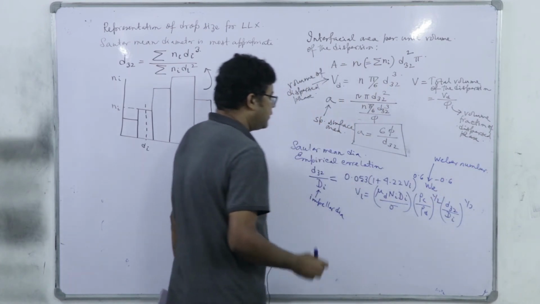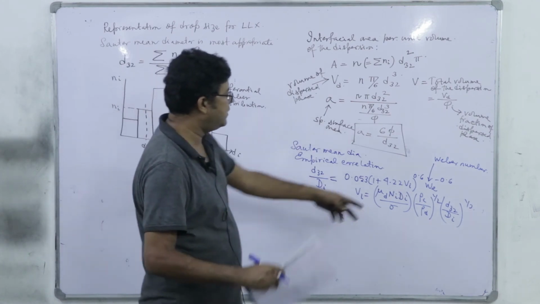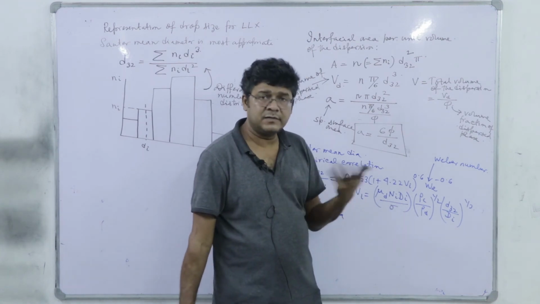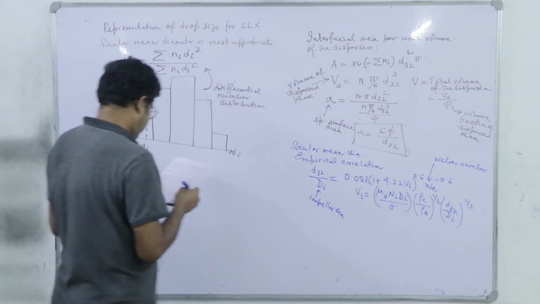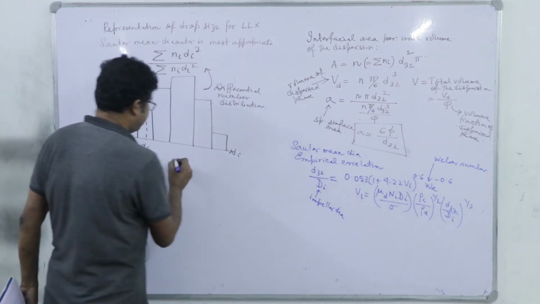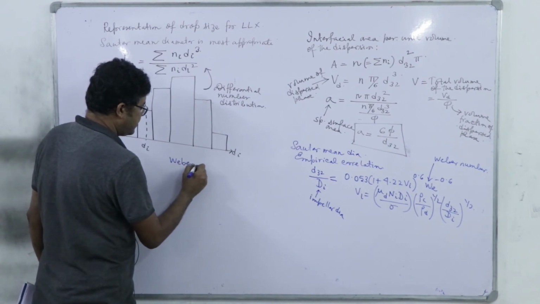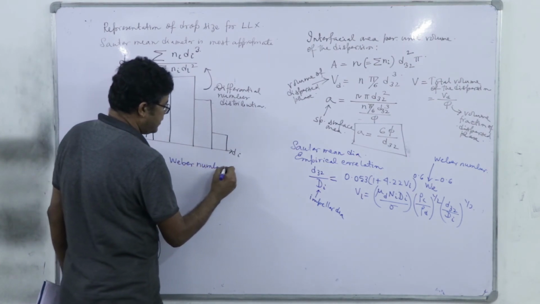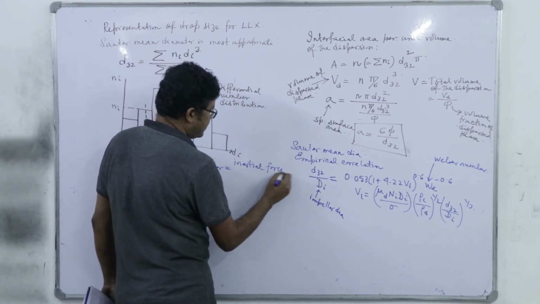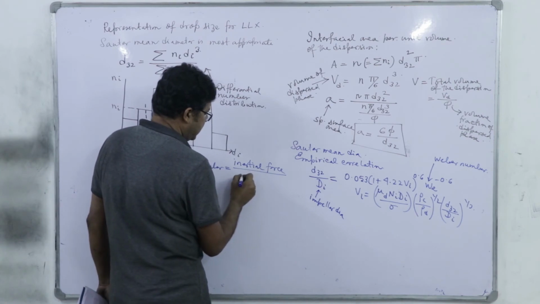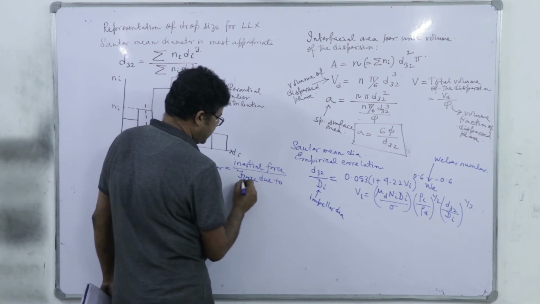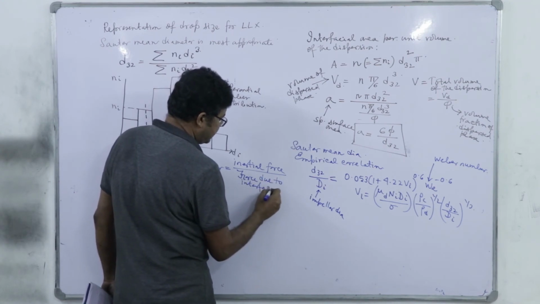Now, this We is the Weber number, right. So, what is Weber number? See here, mu d stands for the dispersed space, c stands for the continuous phase, Ni is the rotational speed of this impeller, and di is the impeller diameter. So, this Weber number is inertial force by force due to interfacial tension.